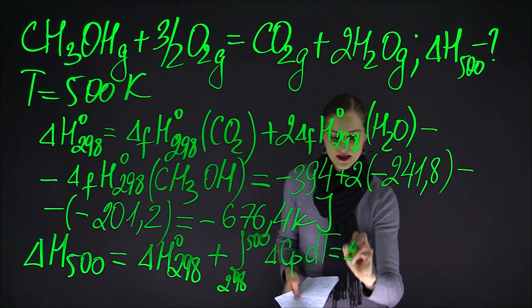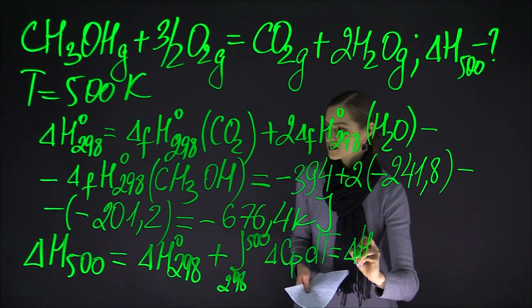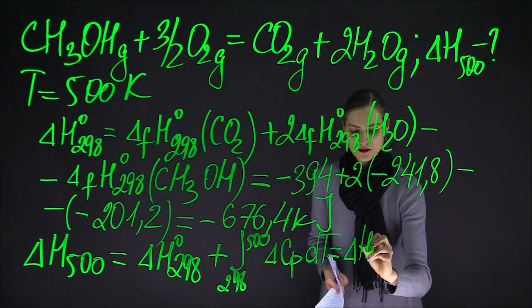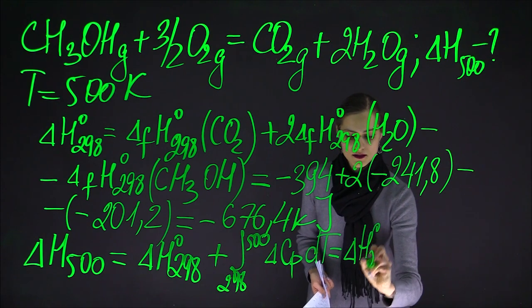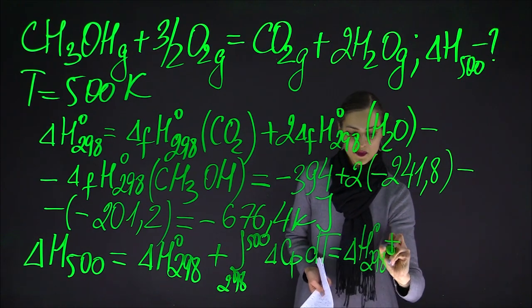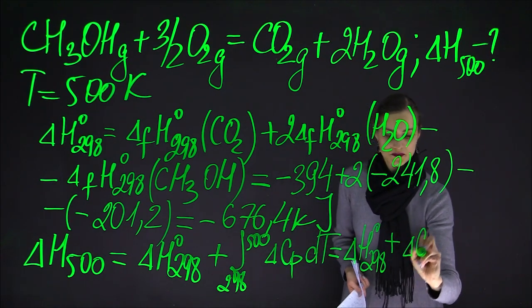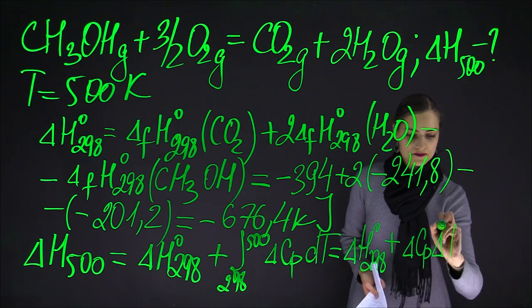So heat effect for this reaction is the standard heat effect plus delta Cp delta T. Okay, now we know how to calculate heat effect in real conditions, not in standard, but at temperature 500 kelvins.